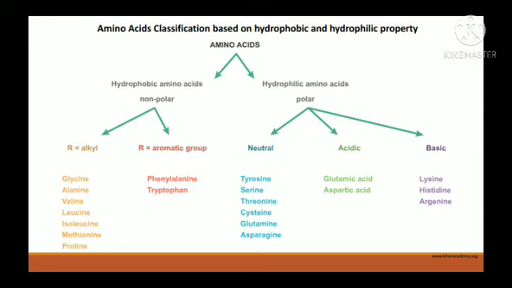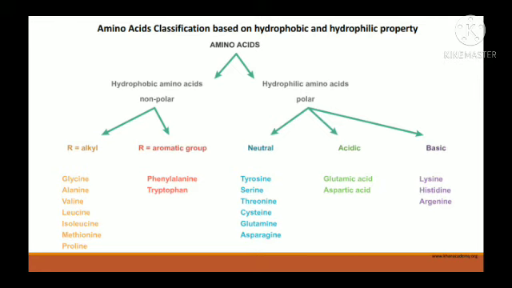They carry excessive or extra NH2 groups, and as you know, NH2 means amino, ammonio, so they carry a positive charge. So polar amino acids are of three kinds: neutral, acidic, and basic. Neutral ones do not carry any charge, acidic ones carry negative charge, and basic ones carry positive charge.